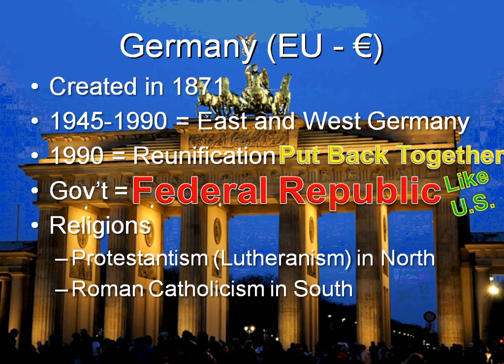And so today, there are also a large number of Muslims who practice Islam living in Germany. Regretfully, some of the 9/11 hijackers were actually living in Germany before coming to the United States. But basically, Germany is broken up into Protestantism in the north and Roman Catholicism in the south. And the Islam is spread throughout the country.